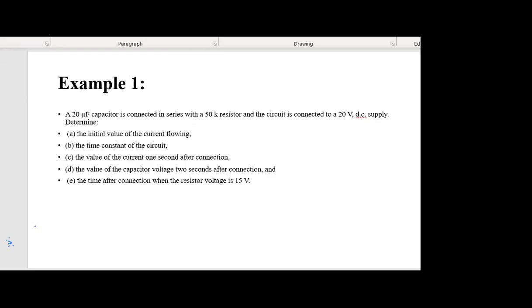So we can look at an example. A 20 microfarad capacitor is connected in series with a 50K resistor, and the circuit is connected to a 20V DC supply. Determine the initial value of the current.